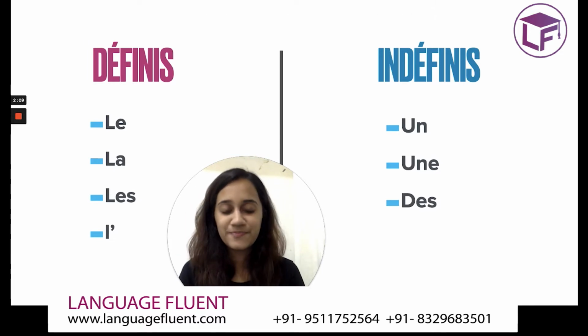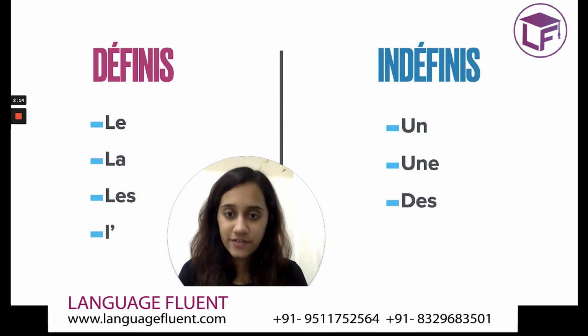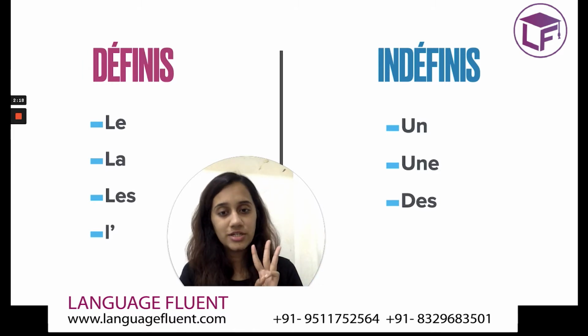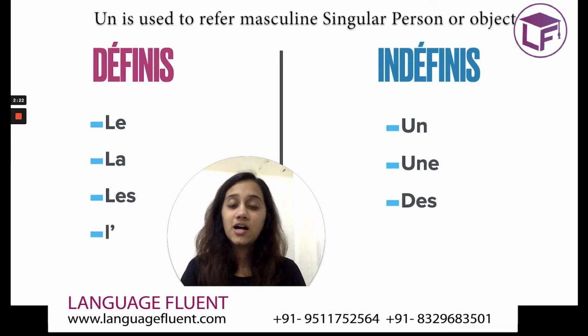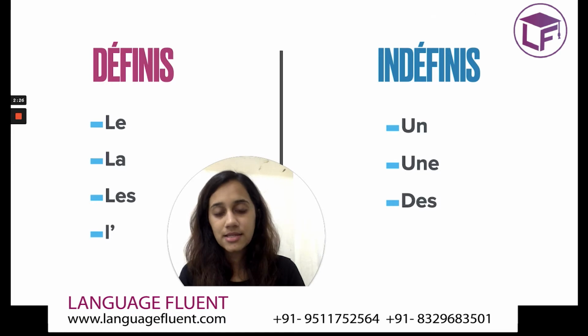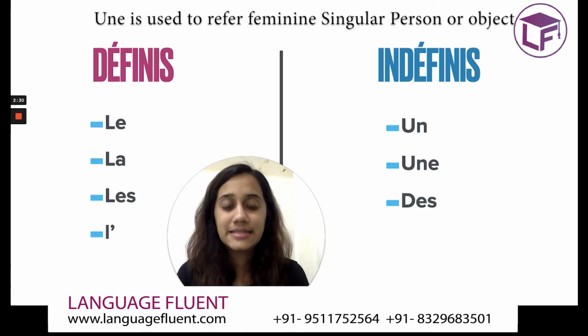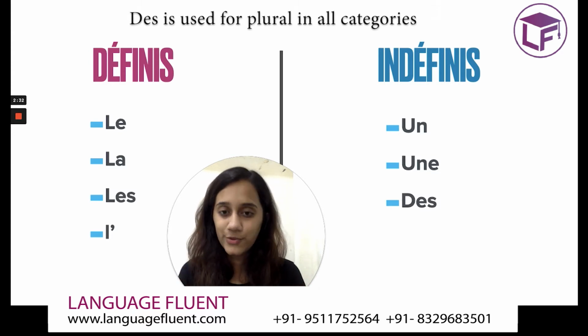with an example. Now, in contrary, we have indefinite articles, that is les articles indéfinis, which again have three types: un, une, and des. Un is used for masculine singular nouns or objects. Une is used for feminine singular nouns or objects. And des is used for, again, plural.